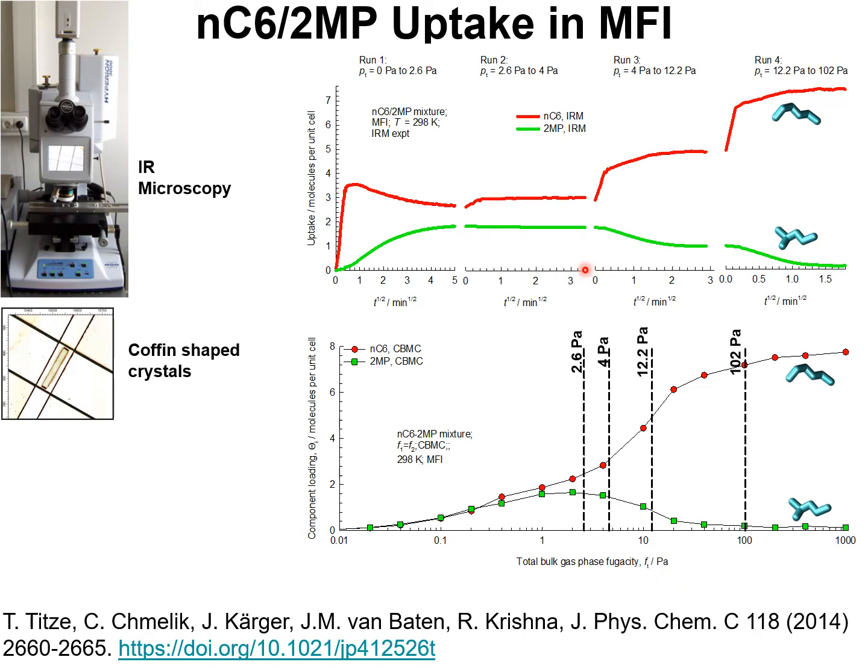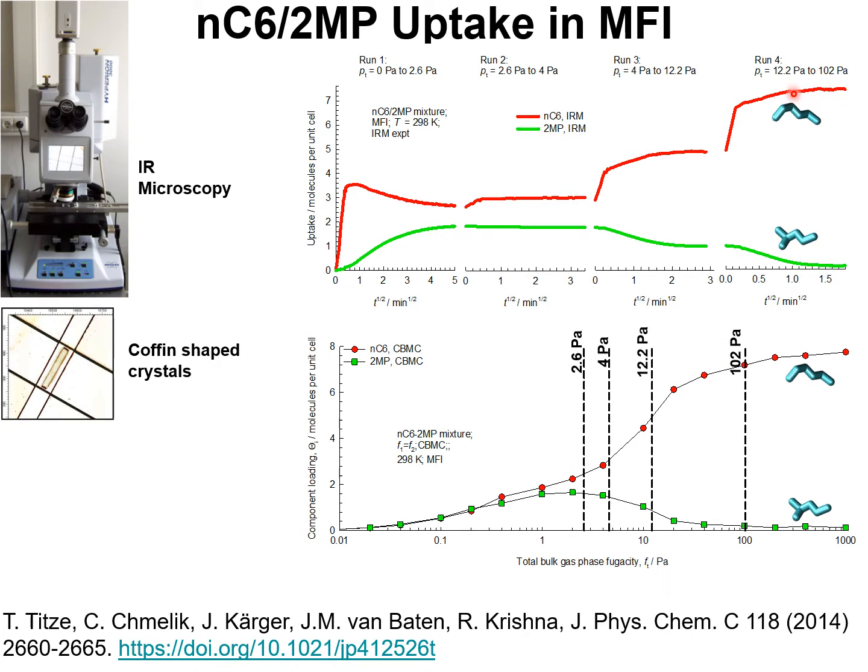After it has equilibrated to a pressure of 4 pascals, the pressure was increased from 4 pascals to 12.2 pascals. And then we see the normal hexane loading within the crystals increases further. The y-axis shows the loading in the units of molecules per unit cell. However, we note that the loading inside the crystals of MFI zeolite for 2-methylpentane decreases as the pressure is increased from 4 pascals to 12.2 pascals. And this decrease benefits the uptake of normal hexane.